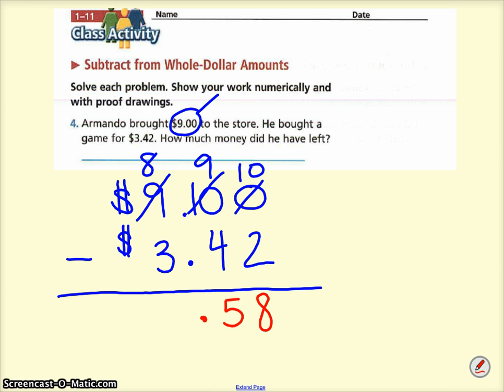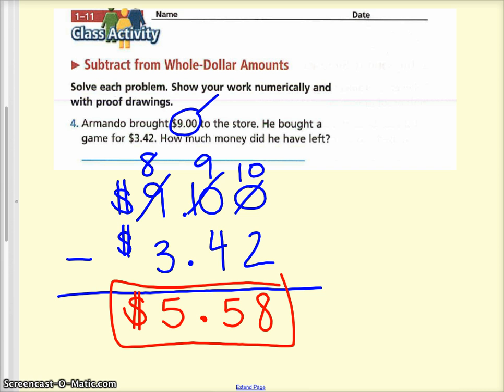And then $8 minus $3 is going to leave us with $5. How much money did he have left? He had $5.58 left.